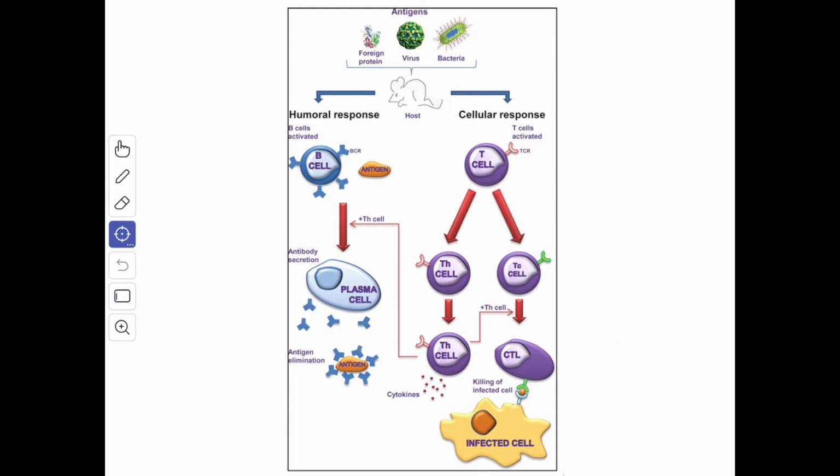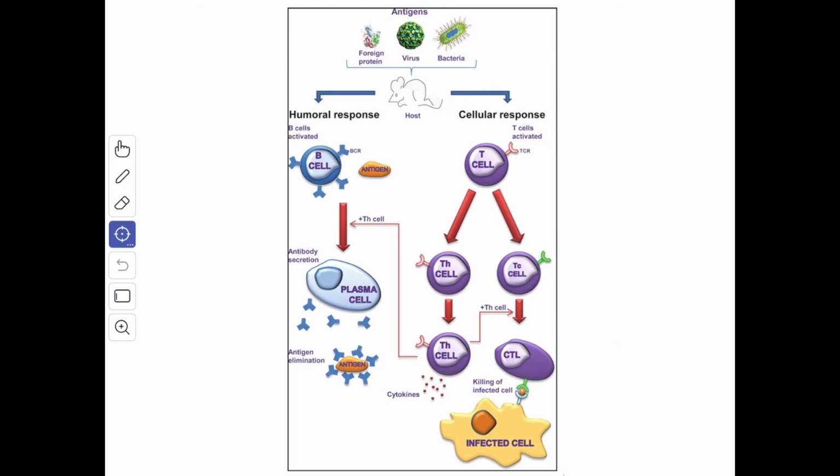Here they combine with a special molecule, the class 2 MHC molecule, which is present in the cell membrane. This complex of antigen remnant and MHC protein present on the macrophage can be recognized by helper T cells.